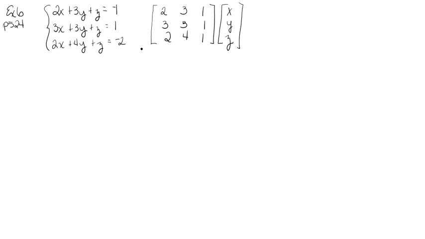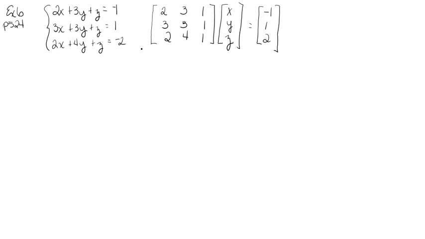And when I multiply those two together, I get 2x plus 3y plus z, which is the top row. And then I get 3x plus 3y plus z, that would be the middle row, and 2x plus 4y plus z, that's the bottom row. I get a dot product. And then that equals the column matrix of my constants, negative 1, 1, and 2.